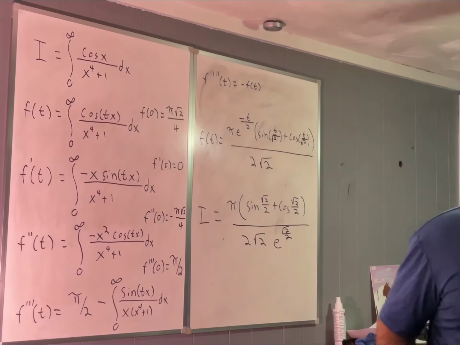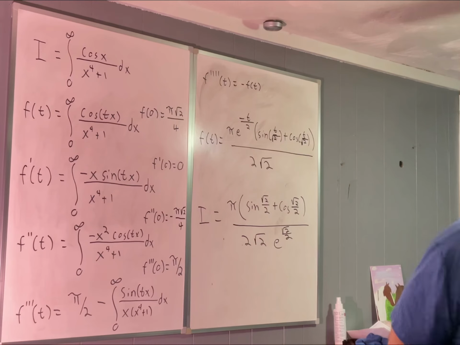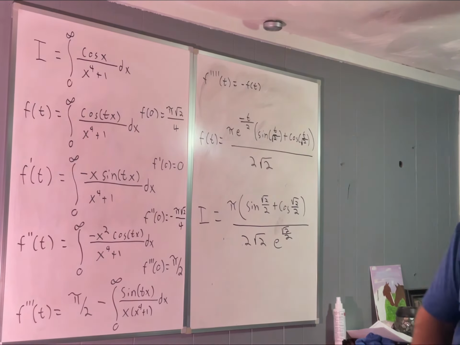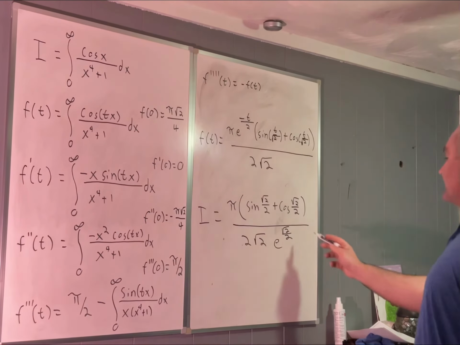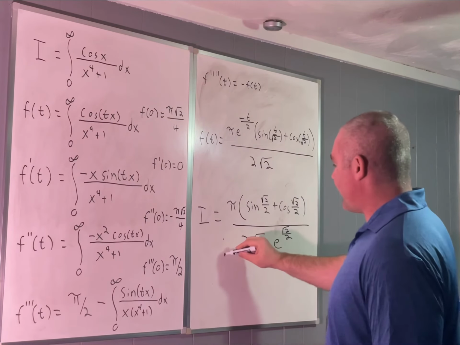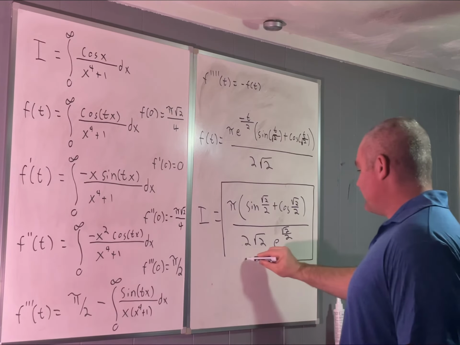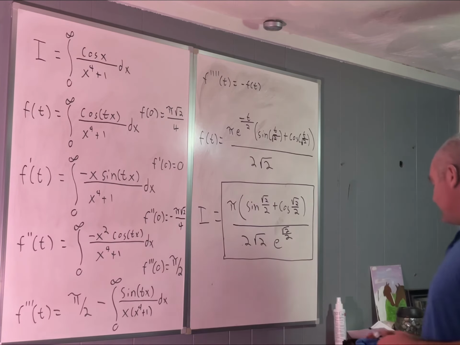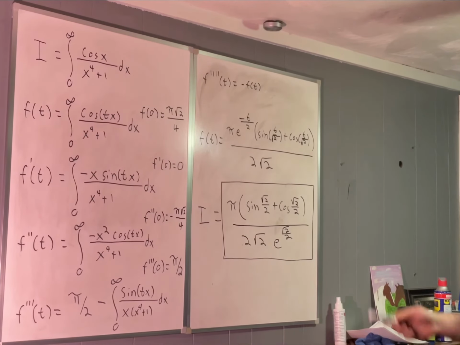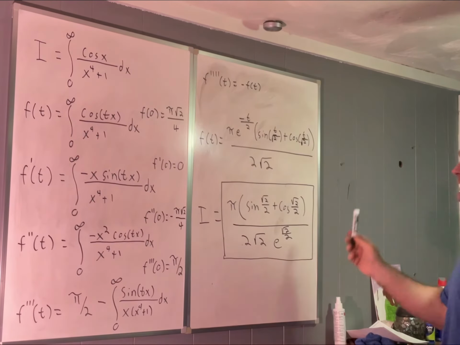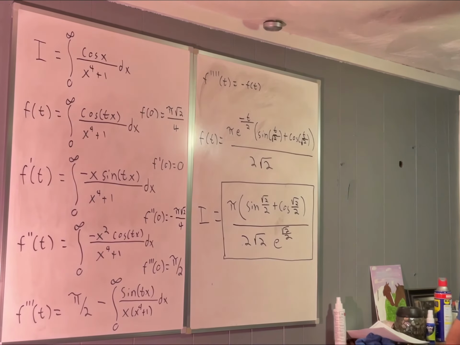I'm going to verify that. We have pi sine the square root of 2 over 2 plus cosine square root of 2 over 2 over 2 square root of 2 times e to the square root of 2 over 2. That is correct. And I don't know, maybe some of you were able to get that. But in any case, that is the answer to that integral. So, hope you enjoyed that.